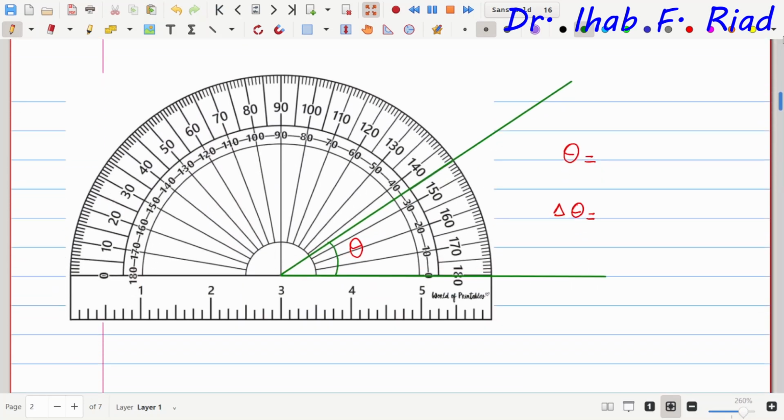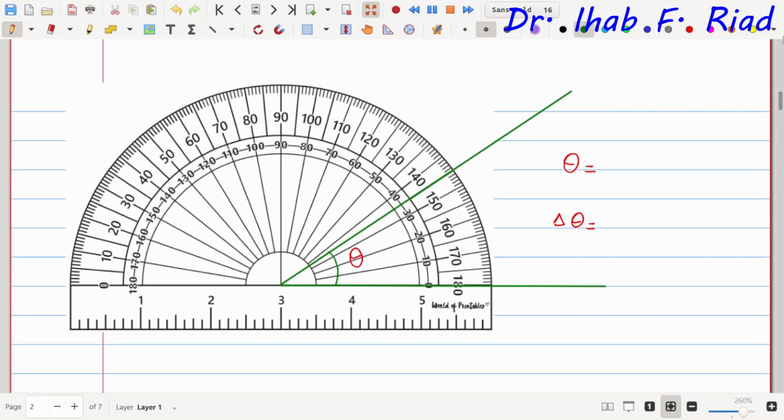Okay. What about using a protractor to measure an angle theta? For example, we have here a protractor and we have an angle. I marked it as theta over here. Okay, this is the angle, and we are trying to take a measurement of it using the protractor. So if you look closely at the diagram, let us see.